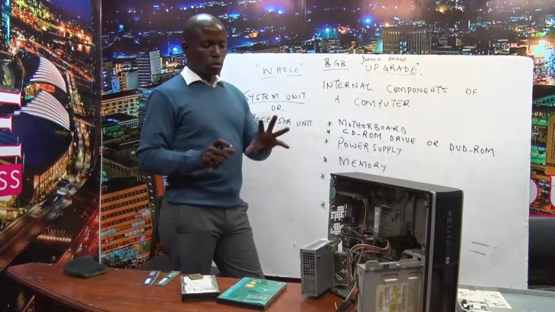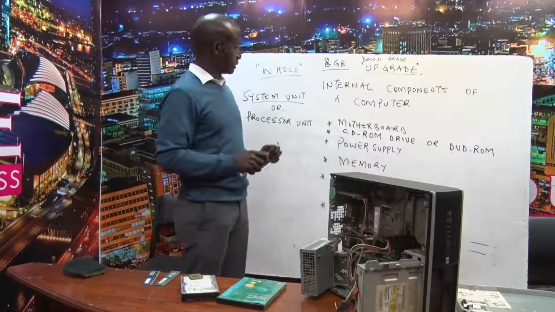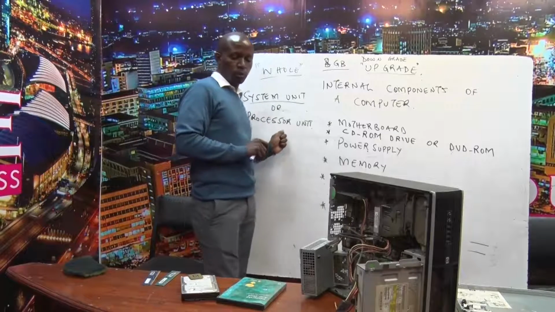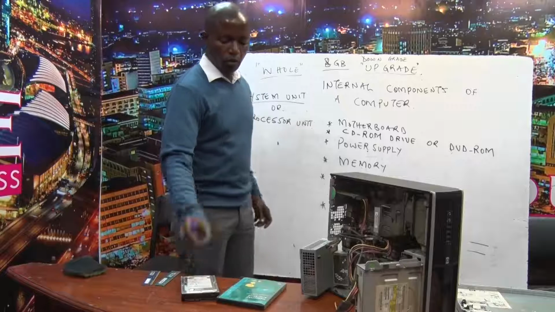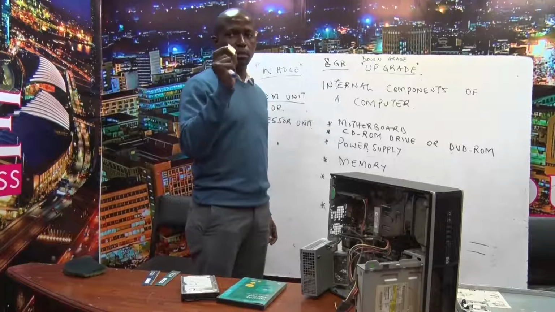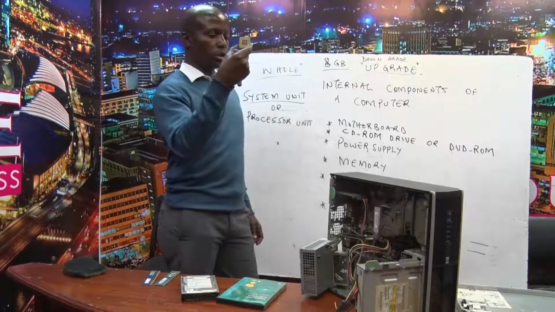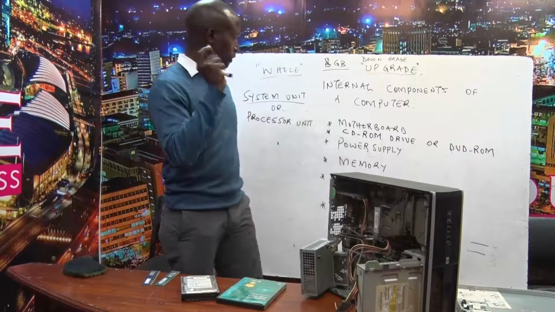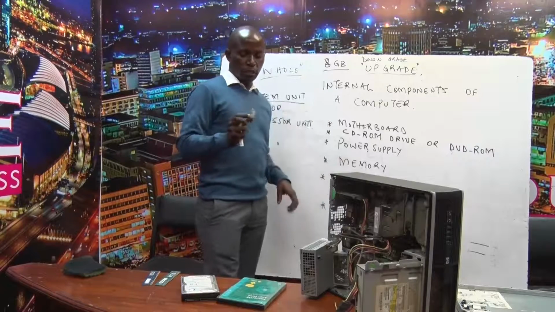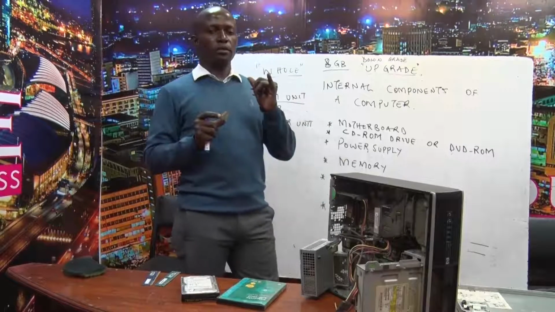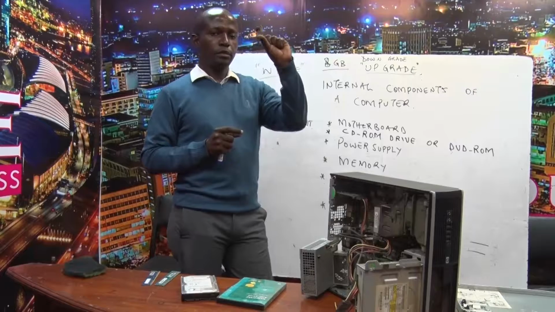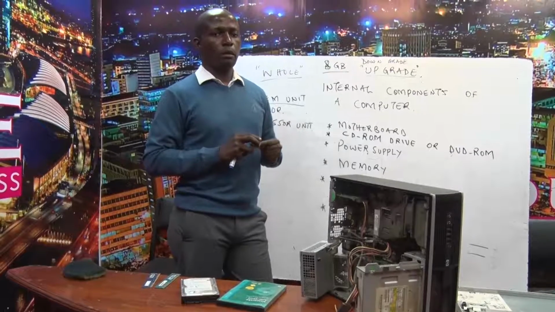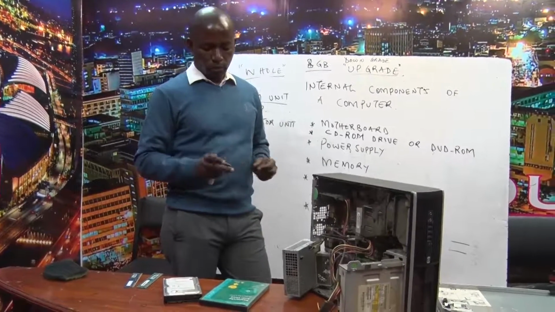But please don't refer to this as the CPU, because today we have seen what the CPU is. Each and every machine must have this component. Your machine cannot function without this. It is the brain of the machine. It determines basically how fast your computer will operate. So the faster the CPU, the faster the speed of your computer.